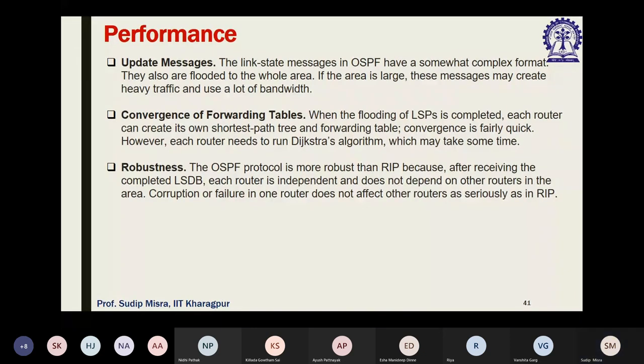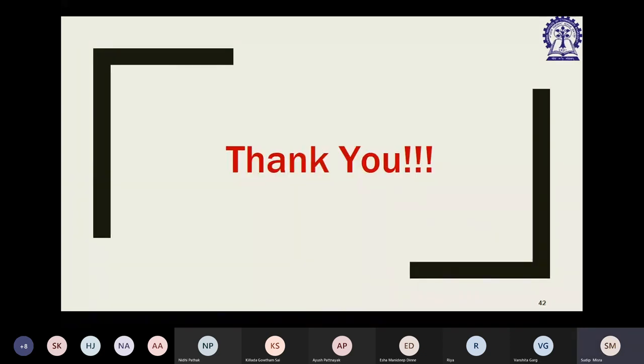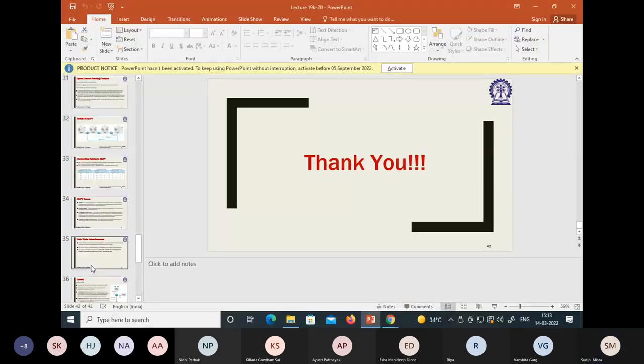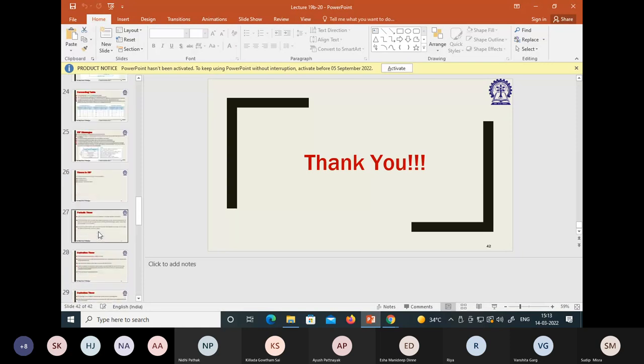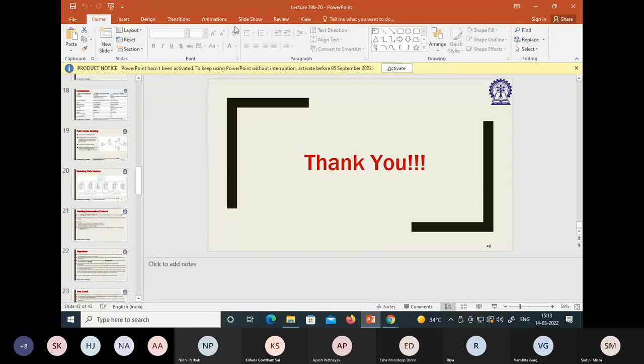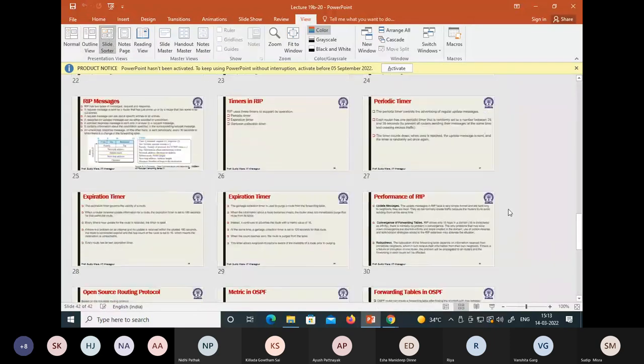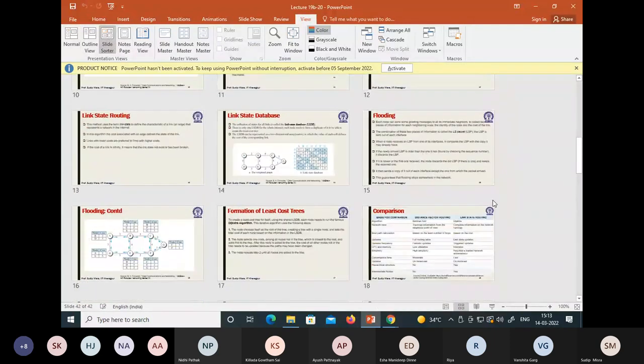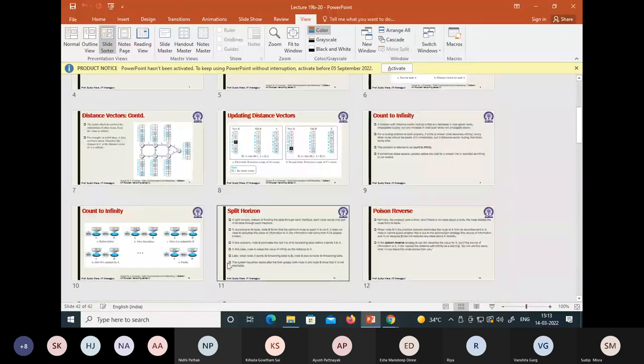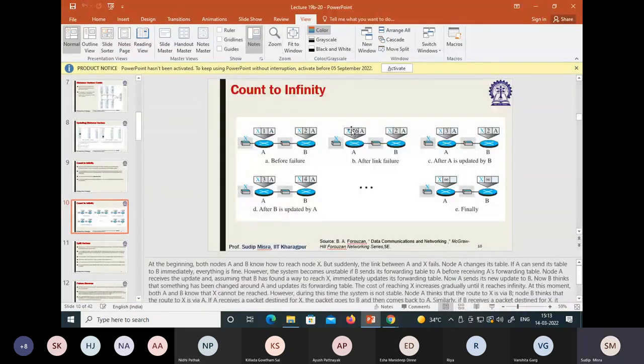One last thing which I skipped before, let me just show you. It's not very important, but still, so that you are aware. Achha, everybody remembers the count to infinity problem?